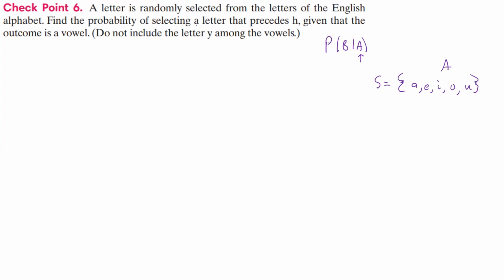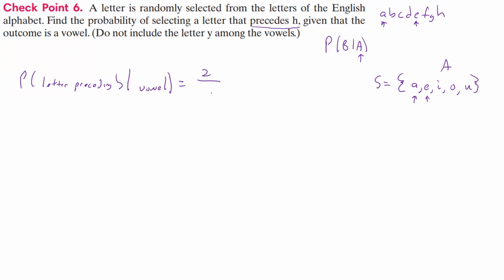Now, find the probability of selecting a letter that precedes H, so before H. If we don't remember the alphabet: A, B, C, D, E, F, G, H. So we want a letter that precedes H that's also one of these vowels. Well, there's an E, and there's also an A. So the probability of a letter preceding H given it's a vowel is going to be, well, there are two possibilities out of how many?